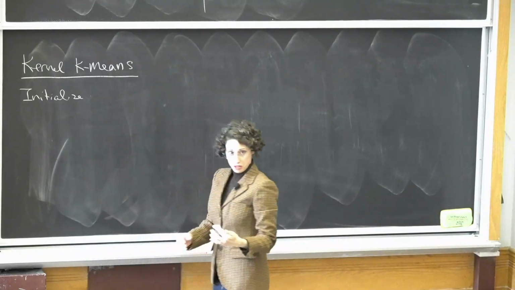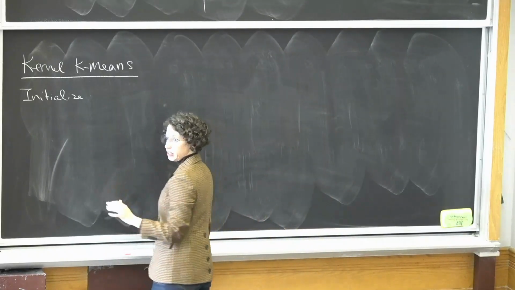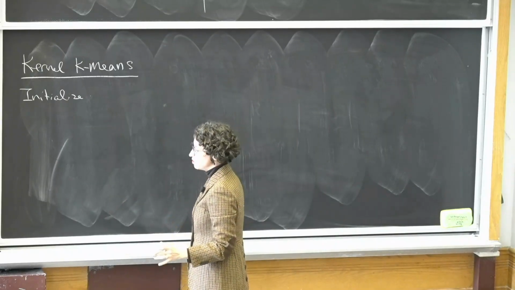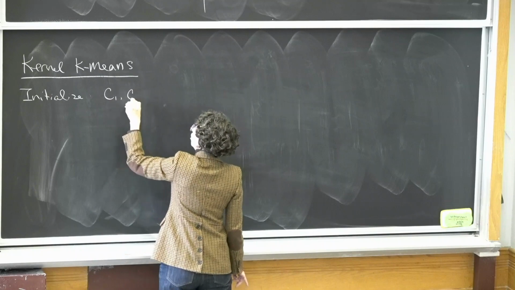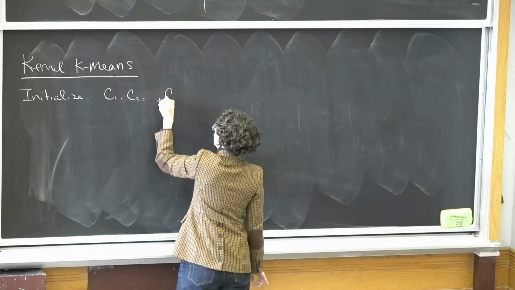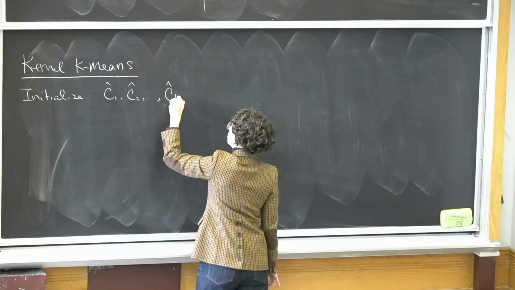So we're going to initialize, and the way we're going to initialize is slightly different than we did with Lloyd's algorithm. We're just going to start with some initial clusters, and I will use the hat here that these are my estimates.